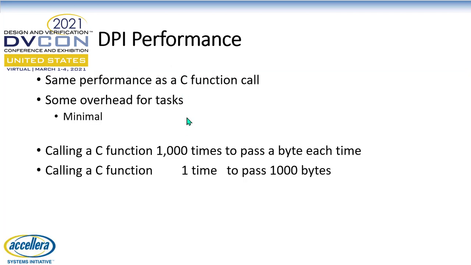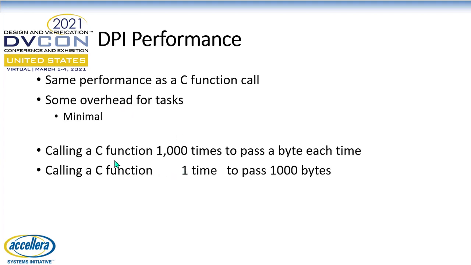What about performance? So that quiz that we took before, we definitely want to pass by reference, and we want to not do copying, but we're still concerned about that code inside SystemVerilog. Well, my experience is it's the same performance as a C function call. There's nothing extra. There's a little bit of overhead for tasks, but it's quite minimal.